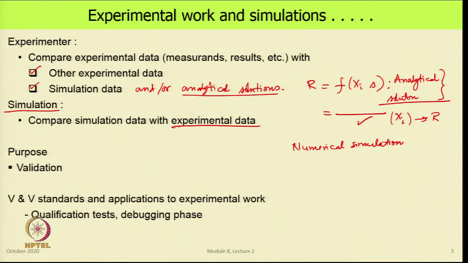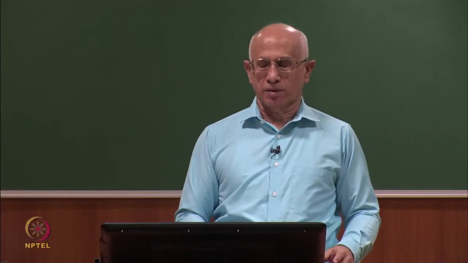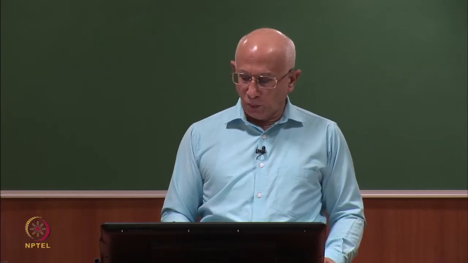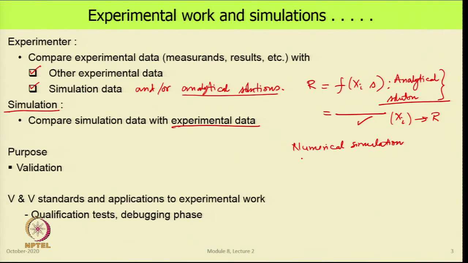It could be possible that we are the experimenters, we only generate the experimental data and then we are done with it. Somebody else is doing the numerical simulation, they want to do the comparisons, then they ask us for our data for their comparison. Whenever we are doing this comparison between experimental data and numerical simulation data, the first thing to check is whether all the conditions are the same.